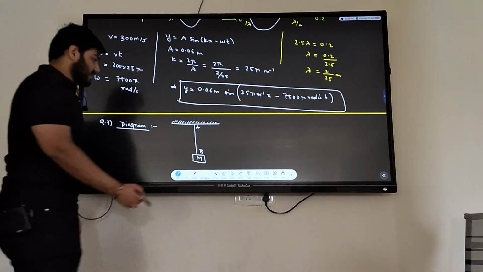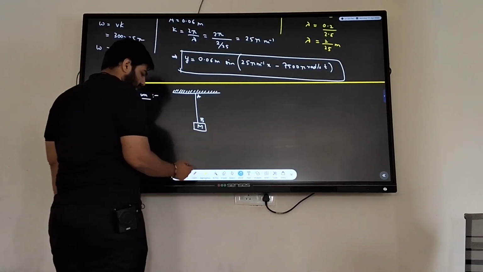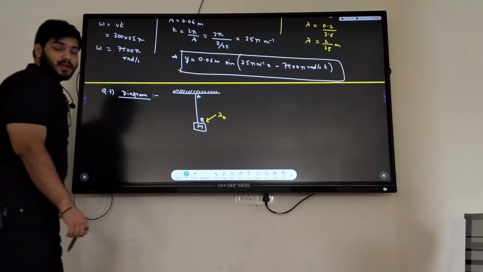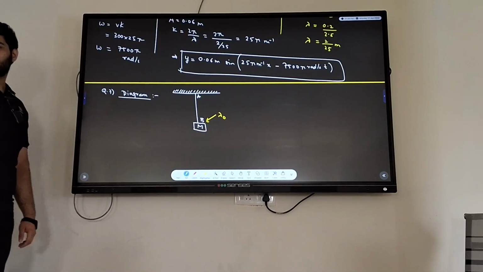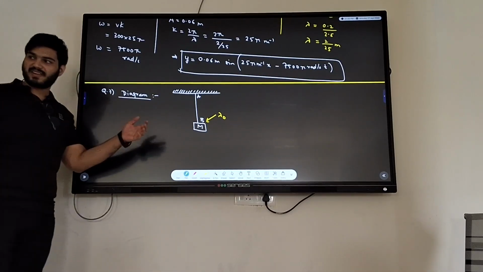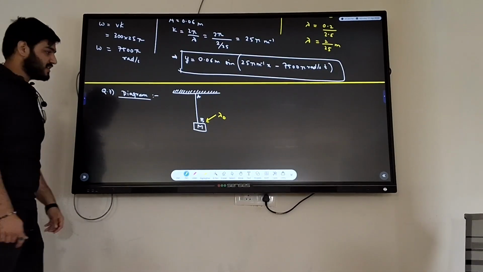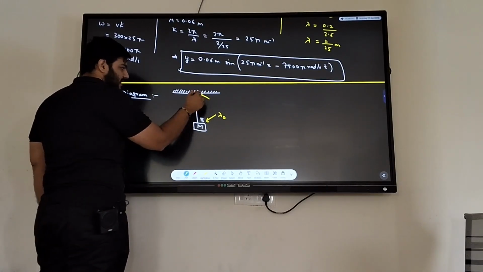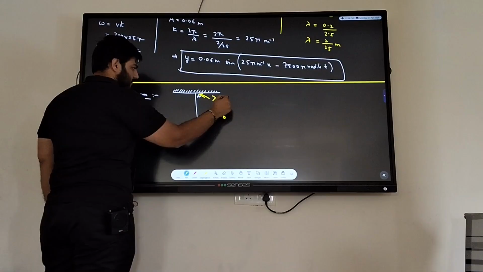I think it's given that the wavelength produced at this point is lambda naught. 2 lambda naught. Meters, right? 2 lambda naught, done. Whatever units lambda naught has, the same units will apply. Anyways, then they are asking what should be the wavelength after reaching here.